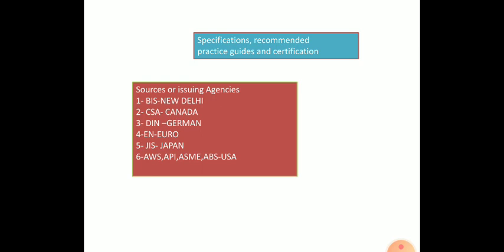In India, the standard is governed by the BIS, that is the Bureau of Indian Standards, or by a nationally recognized agency or association. For example, in other countries, the UK has the BSI, the British Standards Institution, and in the USA there are a large number of organizations that we will discuss later in this lecture.